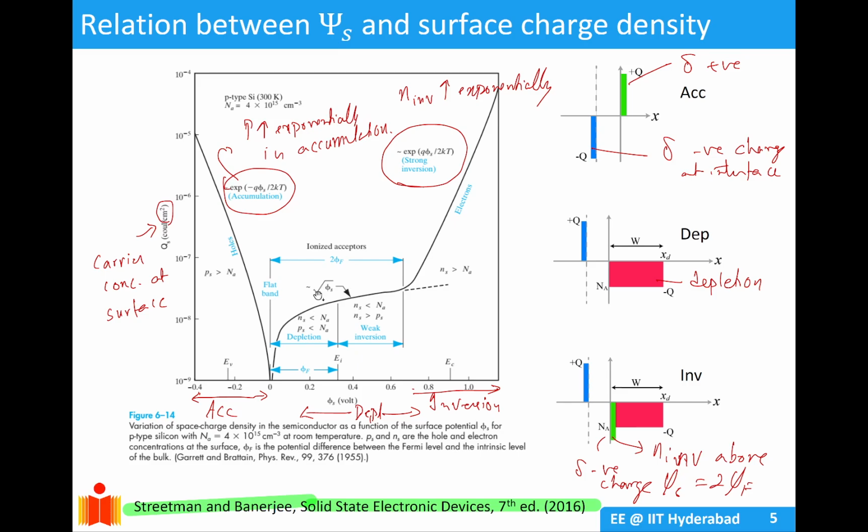In the depletion region, it is equal to square root of psi s, and in the inversion region, it is equal to exponential of q psi s by 2kT. So in the accumulation and inversion regions, your charge is exponentially dependent on your surface potential, whereas in the depletion region, it is equal to square root of your surface potential.